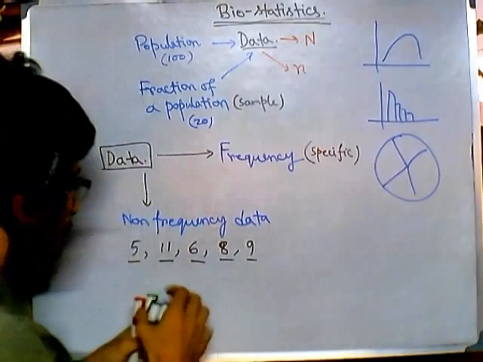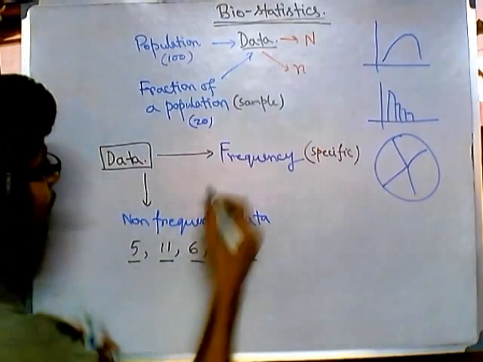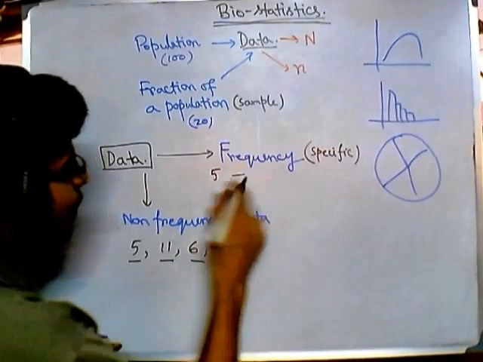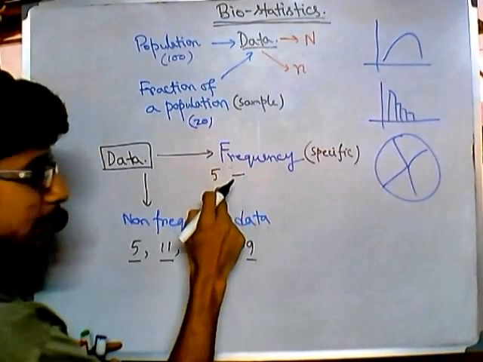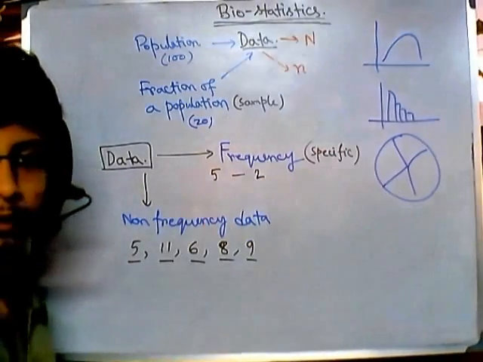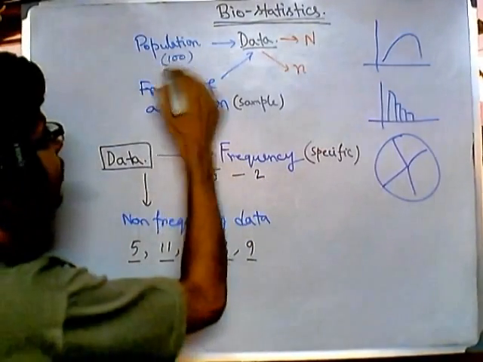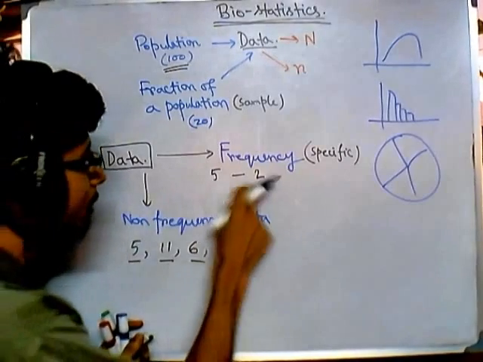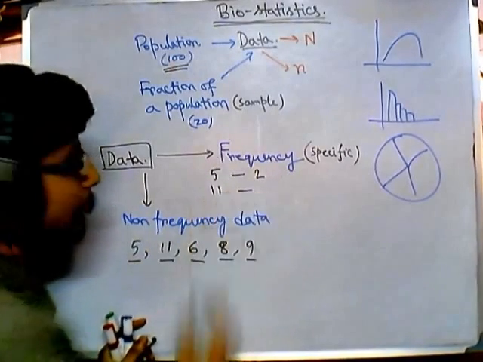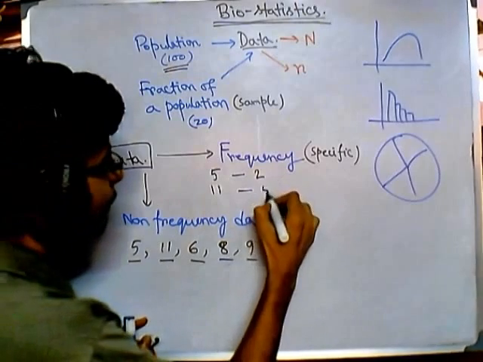That means you now tell that, first of all, the length of the tail is 5 centimeter, and that 5 centimeter tail length is repeated in the population 2 times. That means among the 100 individuals of the population, 2 of them have the 5 centimeter tail. Similarly, the 11 centimeter tail is repeated, say, 5 times.